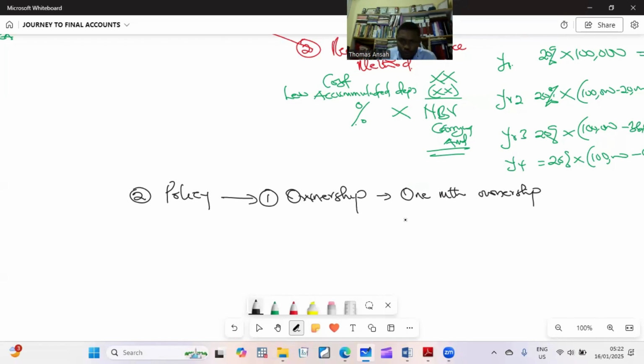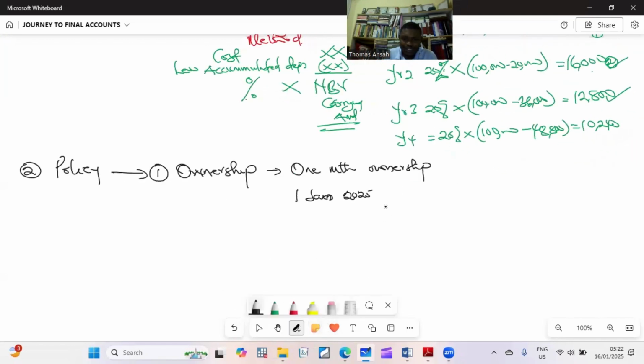So for example, if you buy an asset 1st January 2025, all right, and you own it till December 2025, how many months will you depreciate it? All the 12 months, all right? So you do 12 over 12. So if it is 12 over 12, it is 1.